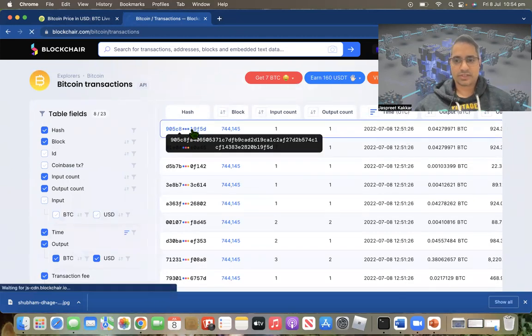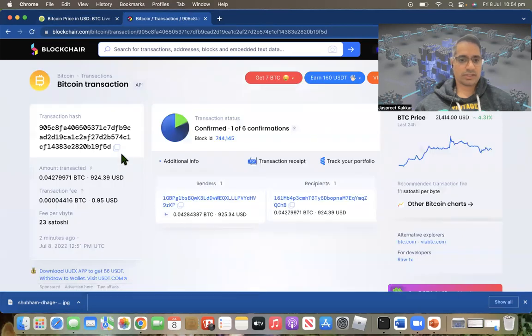Let's go in and see. This is the way it shows the transaction. This is the transaction hash or the transaction identifier, and then it tells you how much Bitcoin was transacted, what was the USD value of that Bitcoin, and how much transaction fee was paid.